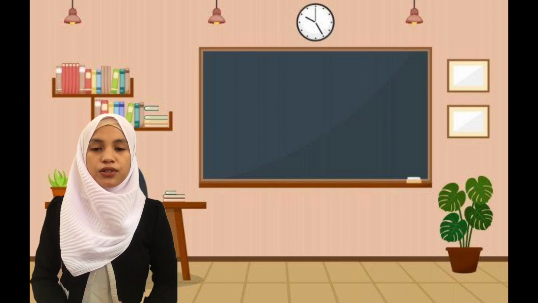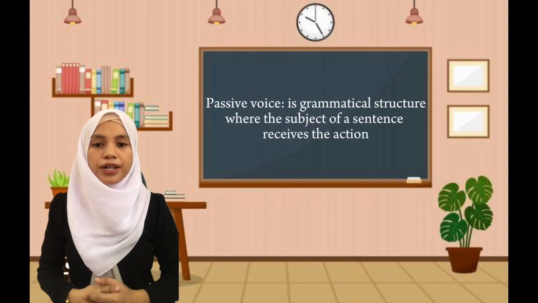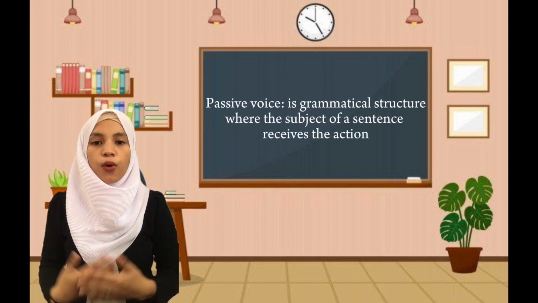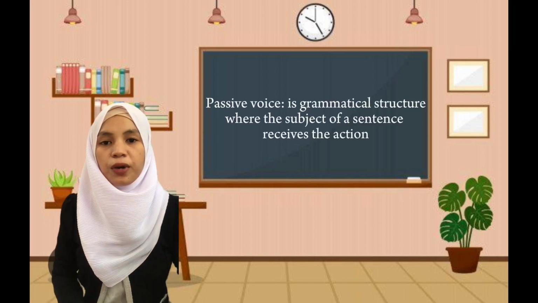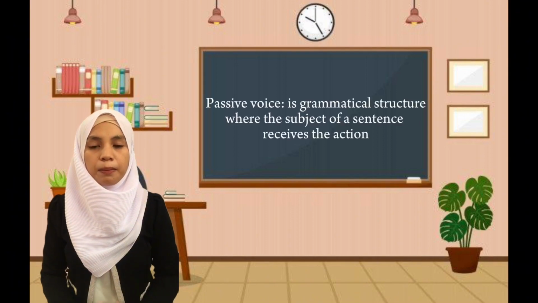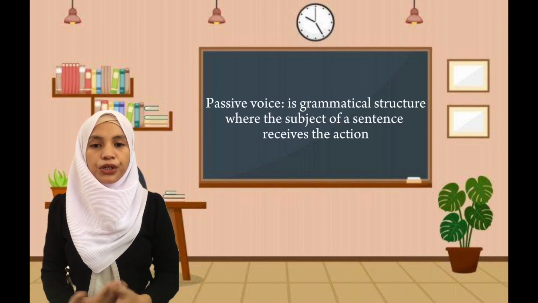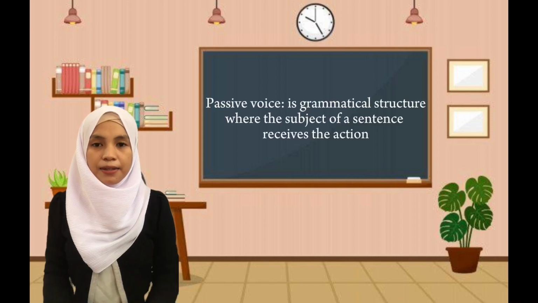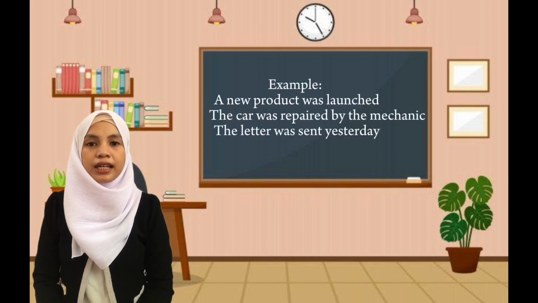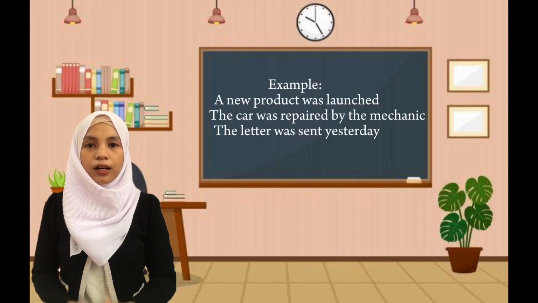So let's proceed to the passive voice. Passive voice is a grammatical structure where the subject of the sentence receives the action. I have here an example of the passive voice for you to understand. The example here is, a new product was launched.